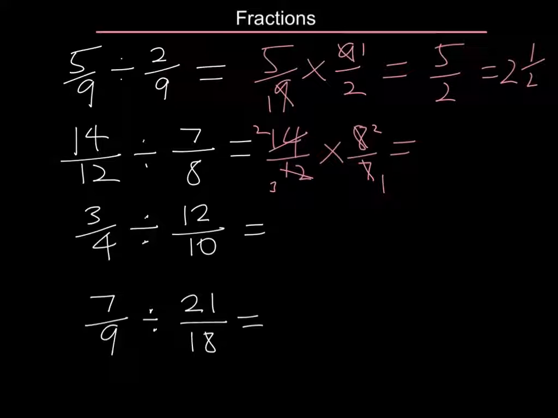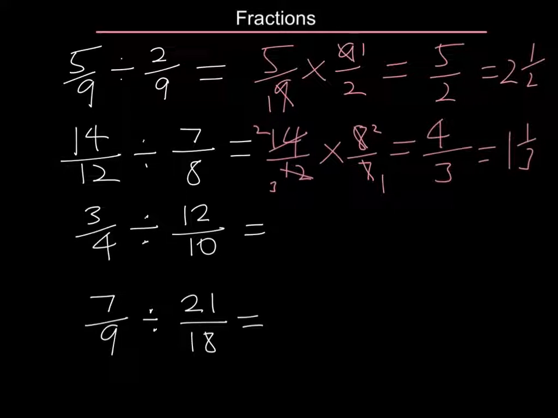So that means I've now got 2 times 2 on the top, which gives 4, and underneath that 3 times 1 is 3. Or I could write that as 1 1/3, because 4 divided by 3, it goes 1 time and 1 remainder.